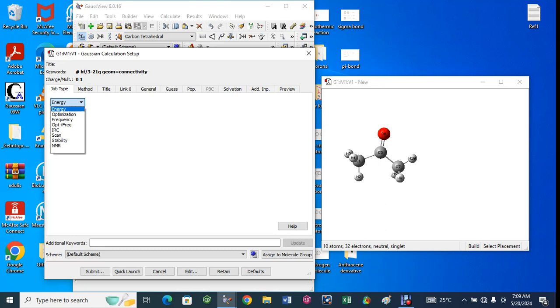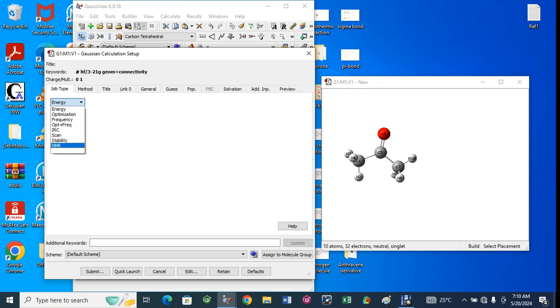You have the energy calculation, the optimization calculation, the frequency calculation, optimization plus frequency, the IRC calculation, the scan, the stability, and the NMR calculations, that is nuclear magnetic resonance.